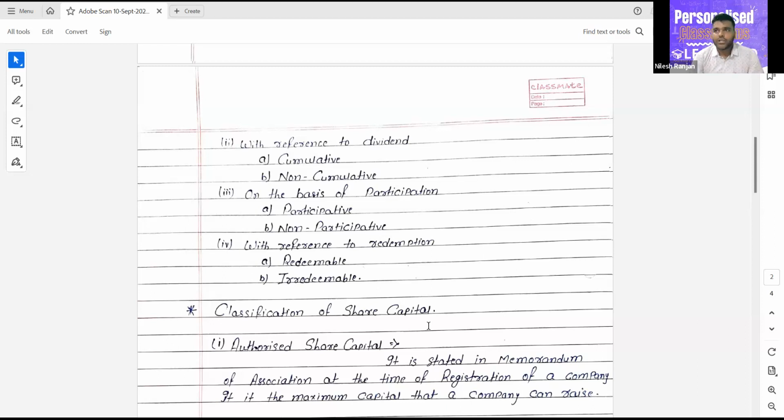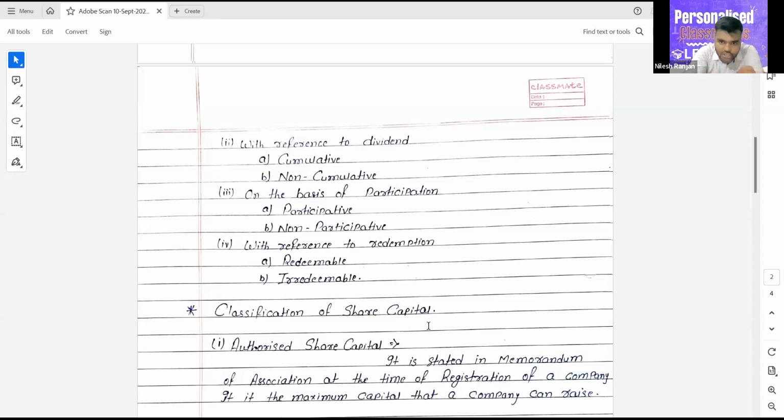So authorized share capital: when you go for registration to the government or their representative, you say to them that we will keep this capital in our company. This is our maximum capital and we want to get registered with this capital.